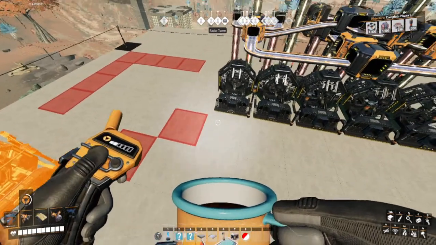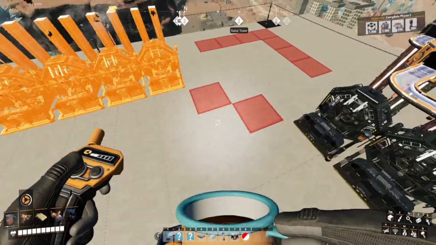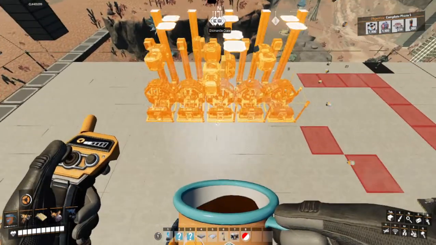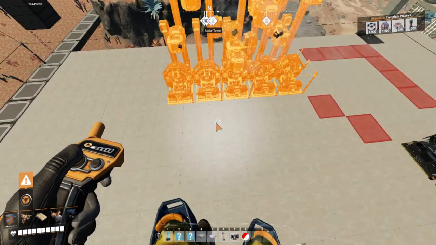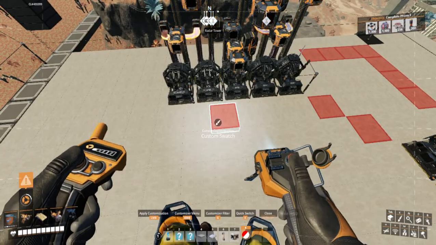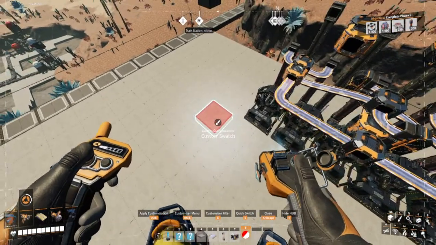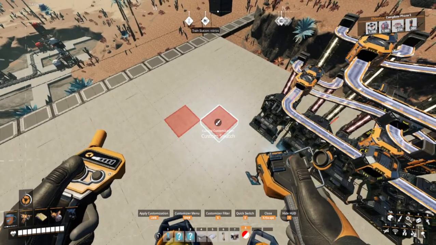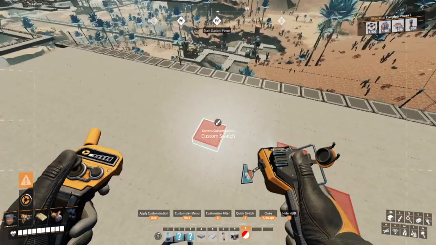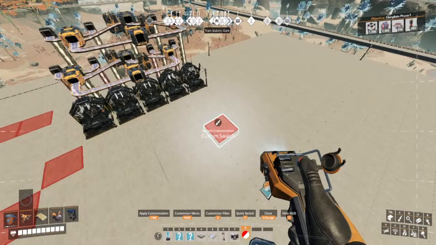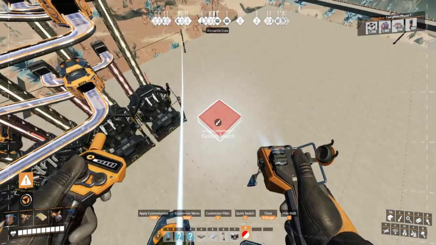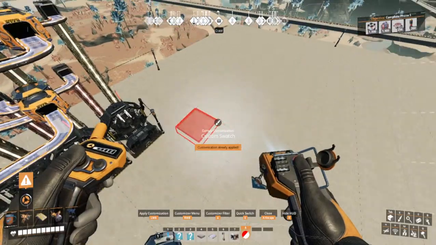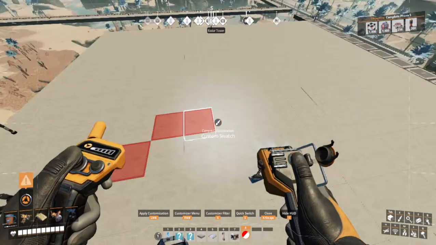So when I'm connecting or assembling, the next two I build will be there and there, and then this would be. Oh wait a second. Here and here, and then straight down.